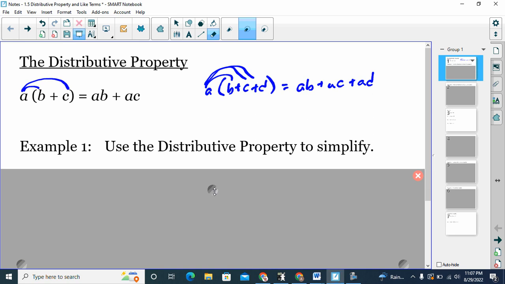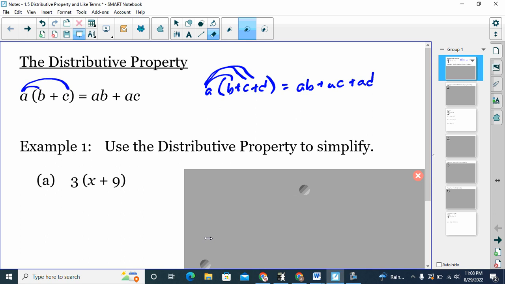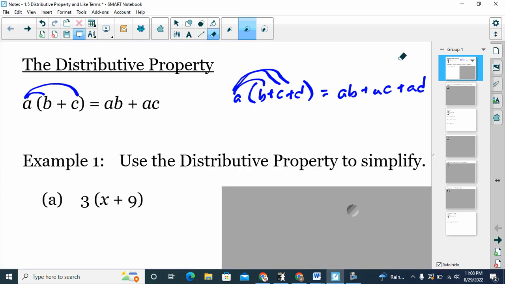Example 1 asks us to use the distributive property to simplify the following algebraic expressions. Part A says 3 times the quantity x plus 9.